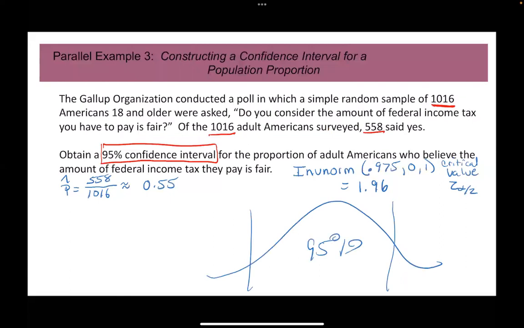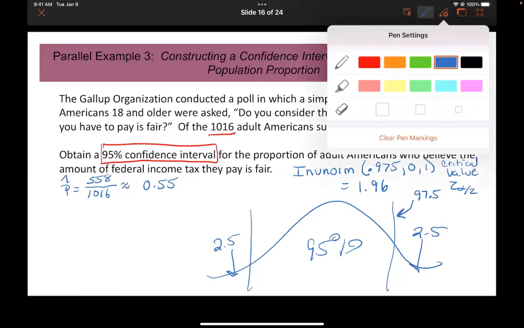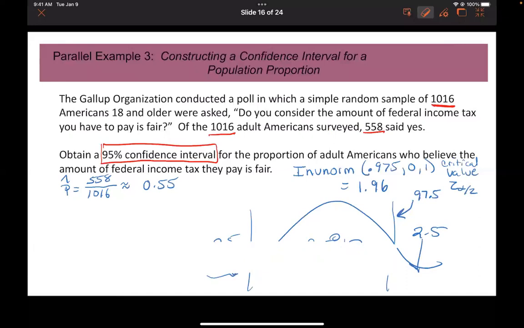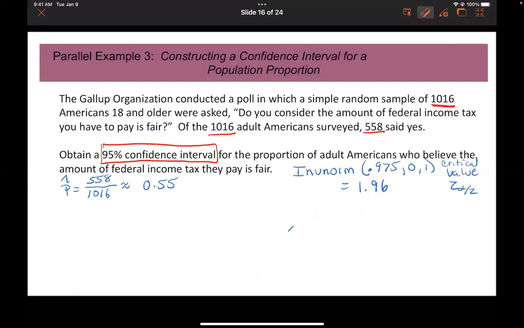So there's 2.5% here and 2.5% there. So that means this is 97.5 is where that is, because we're looking at the center, right? Thank you. You're welcome. I bet someone else had that question and just didn't ask it, so I'm glad you asked.